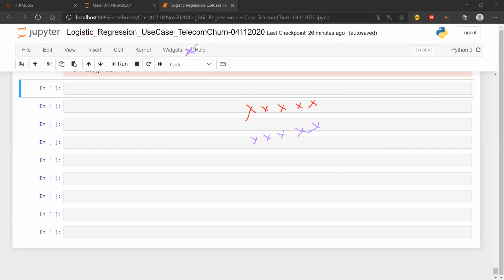Can you see the point? So this is a negative class, and we already know this color represents a positive class. So I have 5 positive points and 6 negative points. In total I have 11 points.